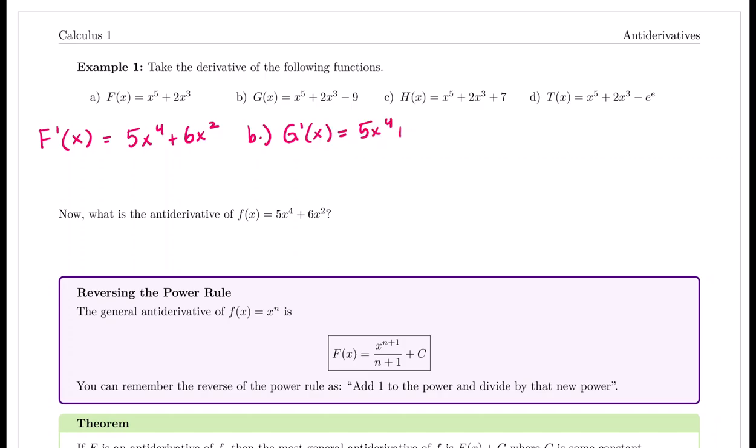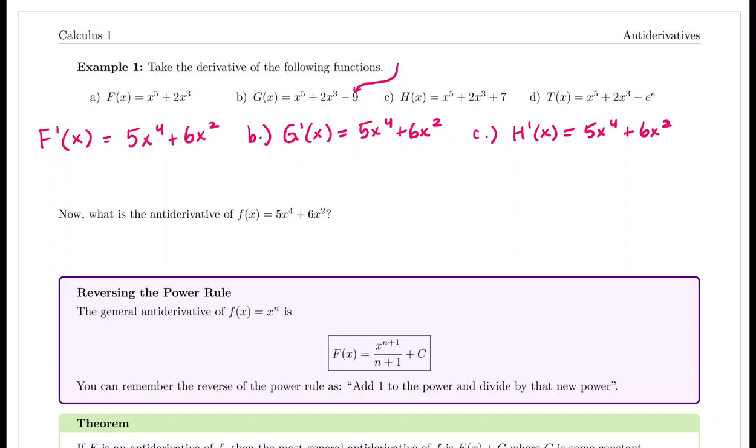because the derivative of a constant is equal to 0 if I were to apply the derivative to that. And on the other terms, we're just using the power rule. Okay, so for part C, capital H prime of x is equal to 5x to the 4th power plus 6x squared.